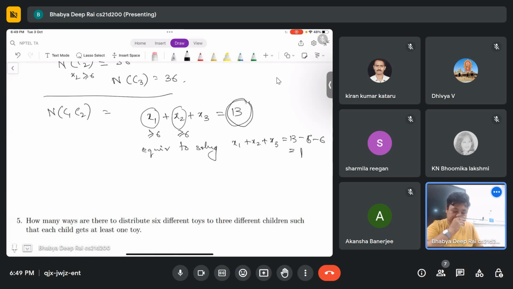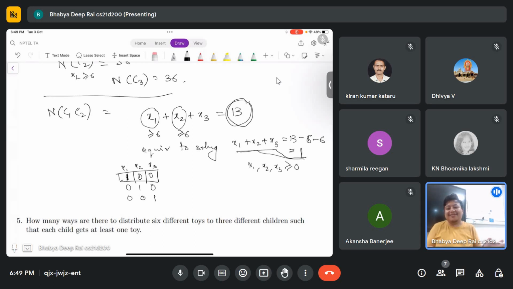So we're going to solve this where x1, x2, x3 are at least 0. How many ways are there to solve this equation? The total should be 1 and they are at least 0. The first way is 1 0 0. The second way is 0 1 0, and the third is 0 0 1.